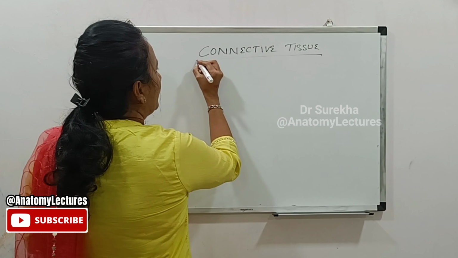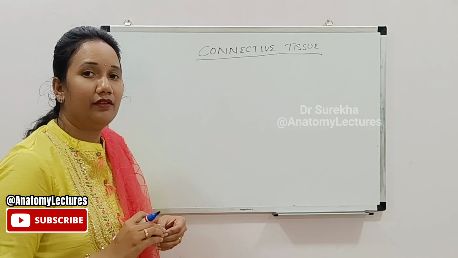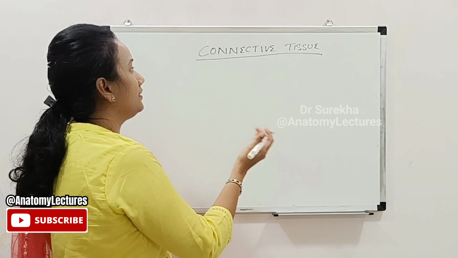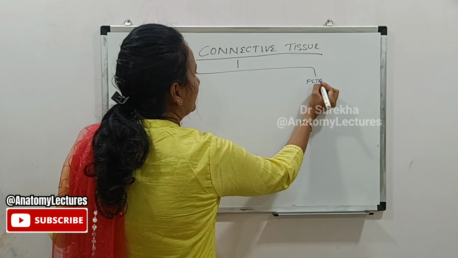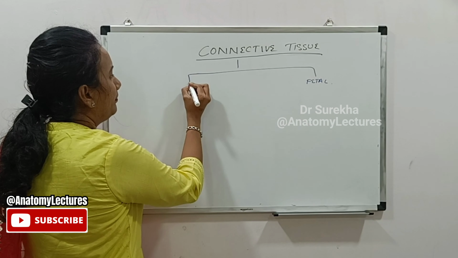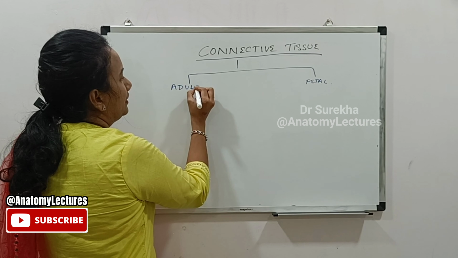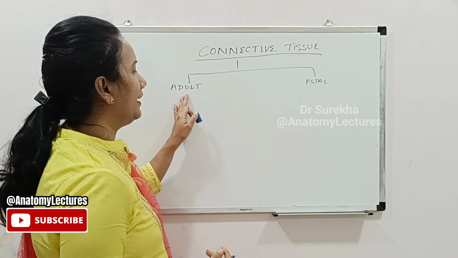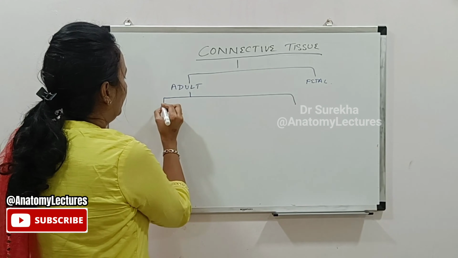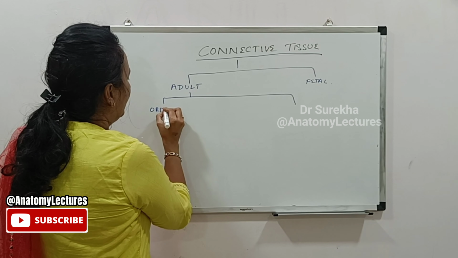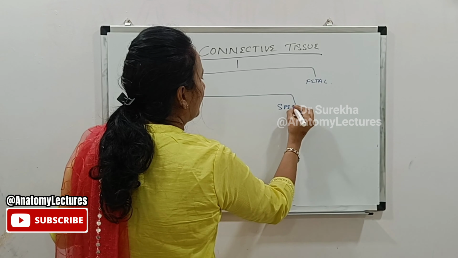So coming to the classification of the connective tissue, basing on the type of cells, the number of fibers and the ground substance, this is classified into fetal connective tissue, which is present at the time of development before birth, and adult connective tissue, which is present in our body after birth. Now again, this adult connective tissue is divisible into two different types, that is, ordinary connective tissue or the connective tissue proper, and specialized connective tissue.